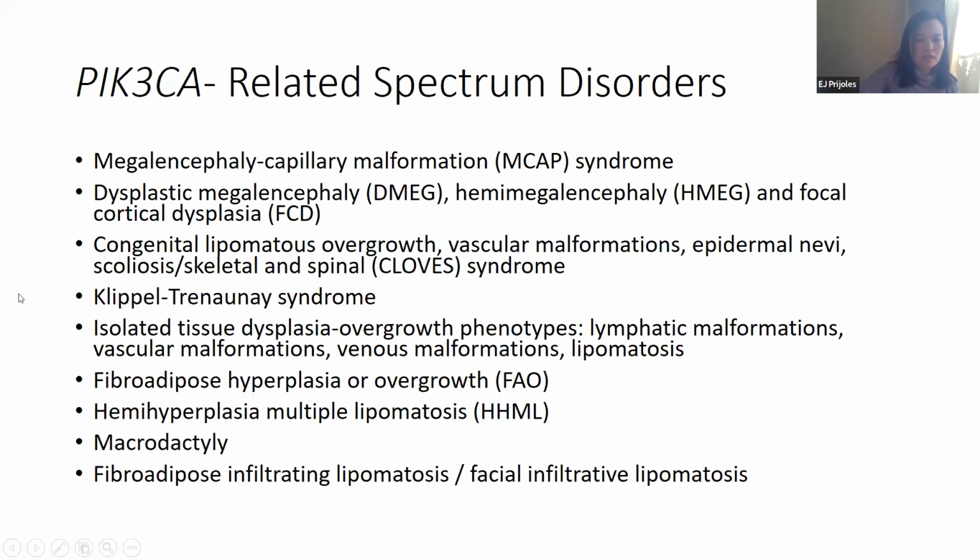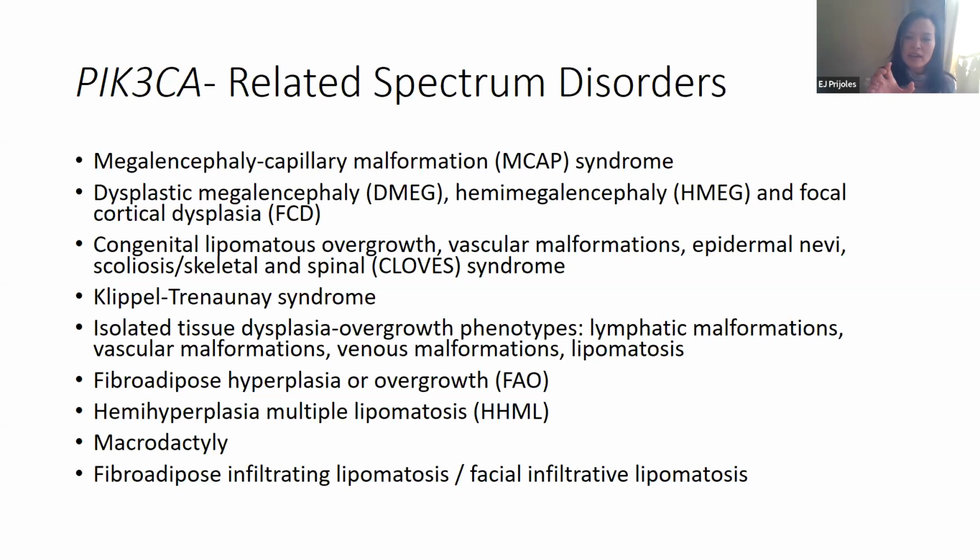So what I wanted to say about this is that when things are focal and segmental, these are often sporadic. They're not passed down from a parent to a child. These are new genetic changes that occur post-zygotically, so after conception.